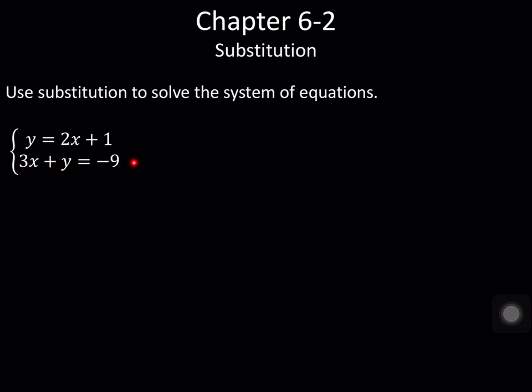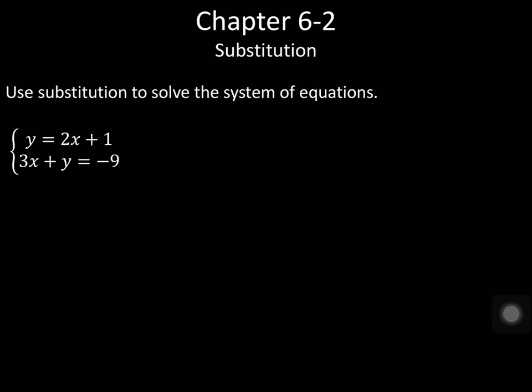3x plus y equals -9 is not slope-intercept. So if I was going to graph it, I would have to algebraically manipulate this equation to get y by itself. That's not what we're doing this time, but just so you're comfortable seeing the different forms of linear equations as we go through. So step 1 of the process was I need to know what y equals or x equals before I get started.